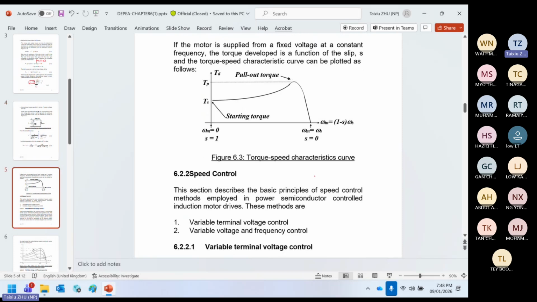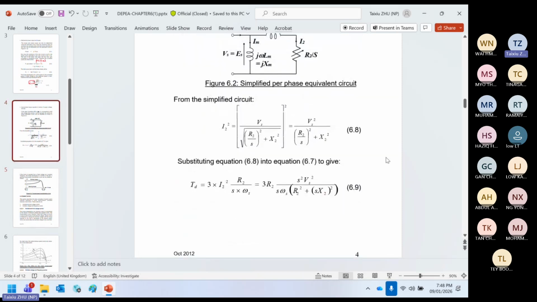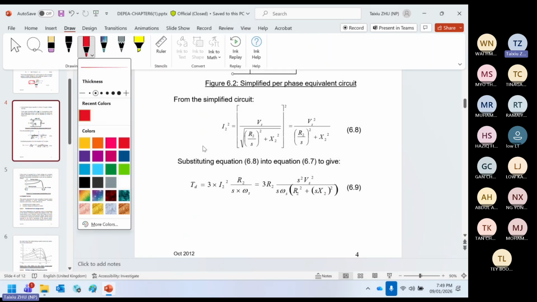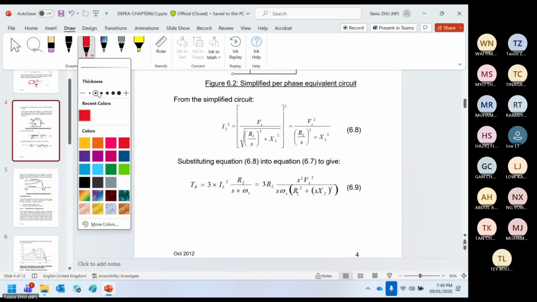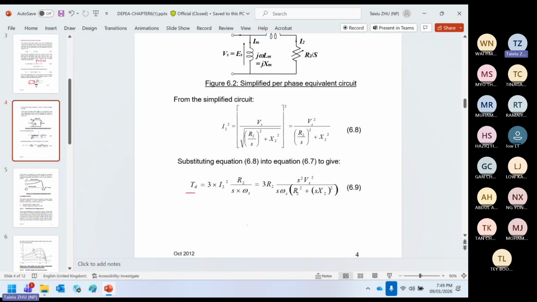From here you can tell actually the torque. Let me see the torque. So the torque is related to your motor speed.